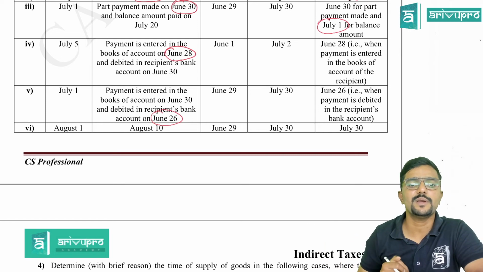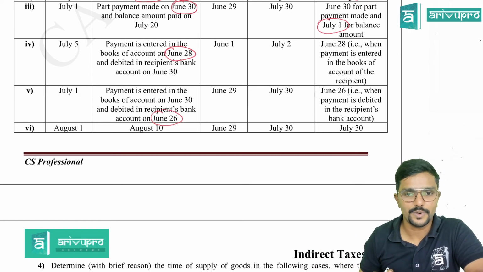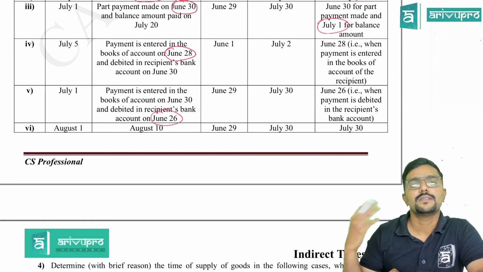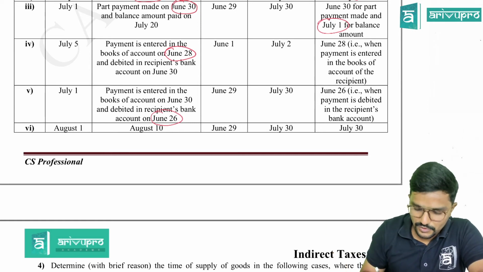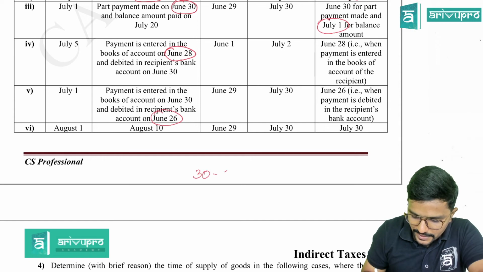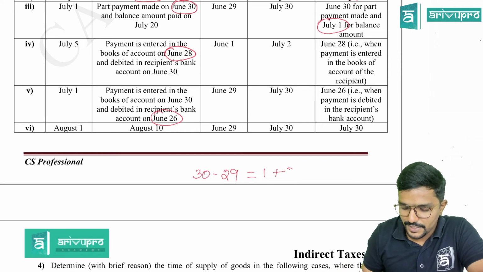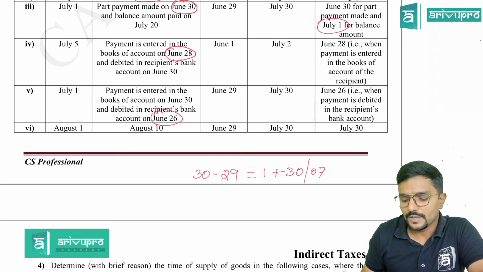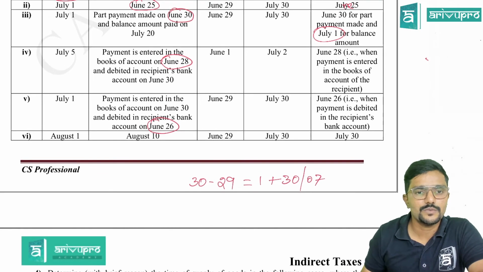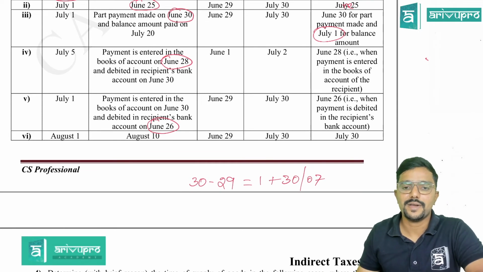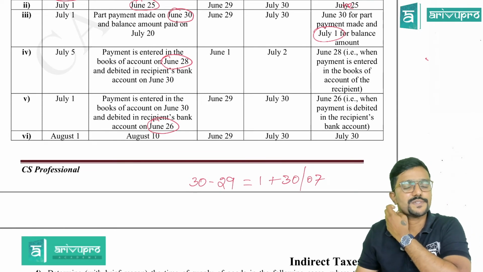Invoice date is June 29th. Calculate the 31st day from here. How many days in June? 30 minus 29, 1. So I need 30 more days. So 30th July. Which is earlier? Date of payment, which is June 26th.